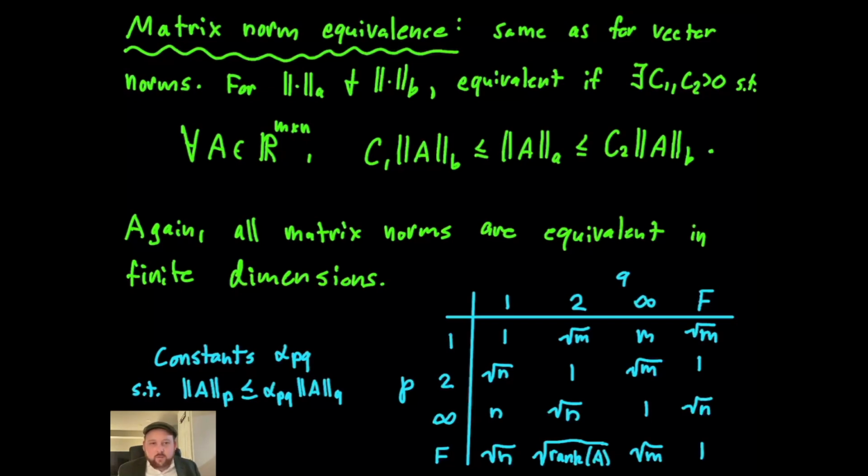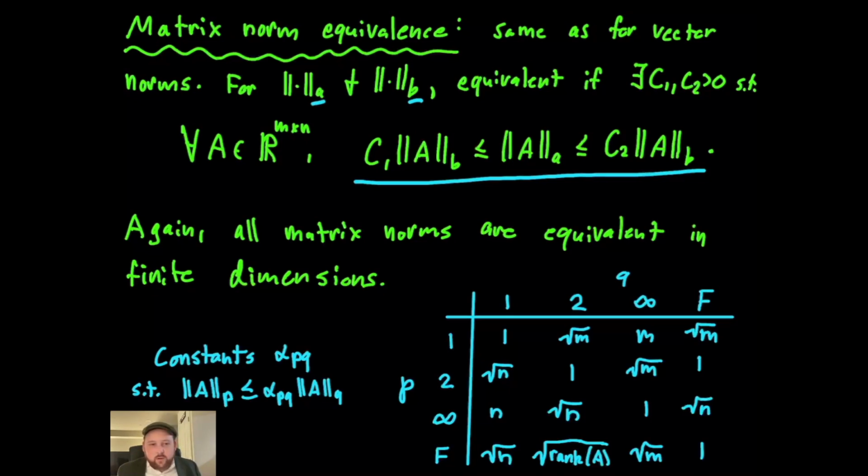We say that two matrix norms, here I'm calling one matrix norm A and another matrix norm B, are equivalent if there exist positive constants C1 and C2 such that I can lower bound and upper bound the A norm by some multiple of the B norm from above and below, and this holds for all m by n matrices A.